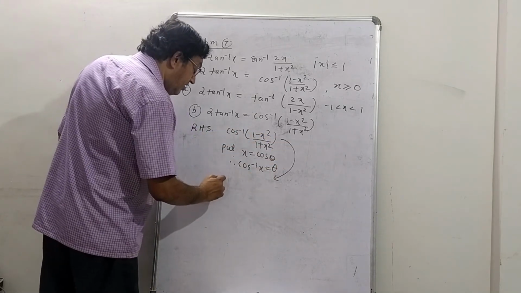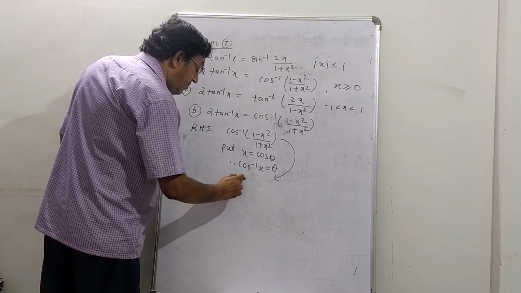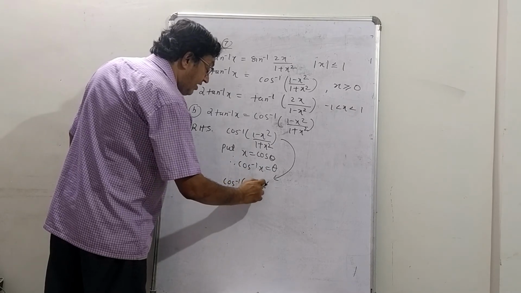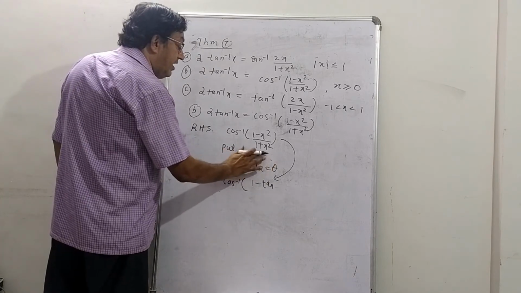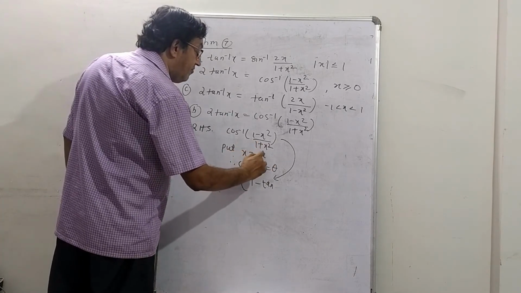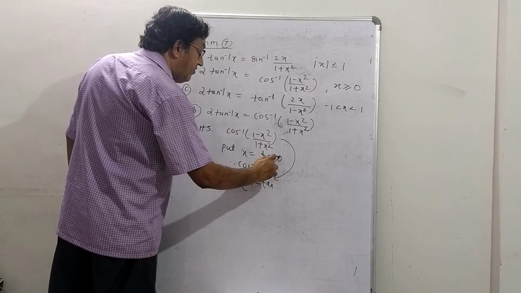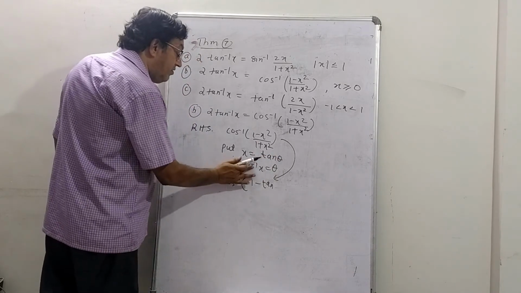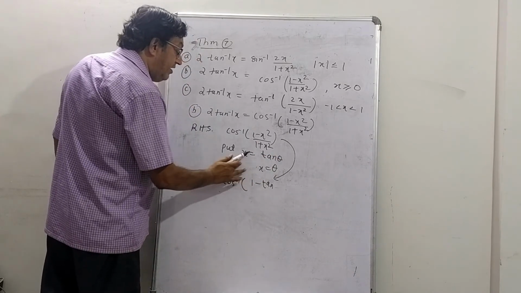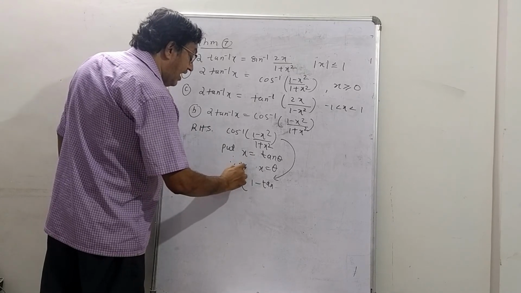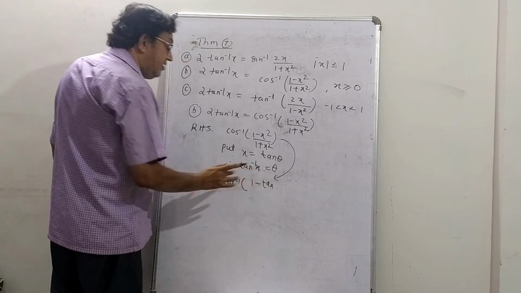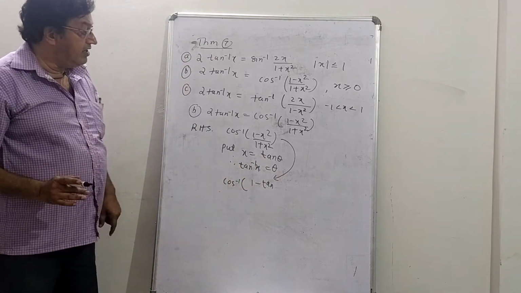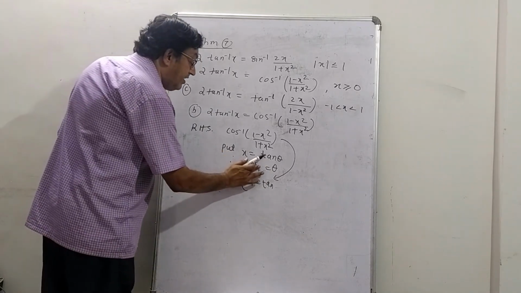Sorry, I have to take not cos theta, I have to take tan theta. X is equal to tan theta. Tan inverse of x will be theta.